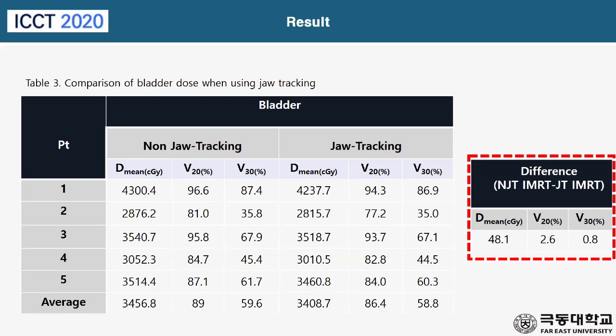In the bladder, the mean dose reduction was 48.1 centigray, and the mean volume 20 and volume 30 also decreased by 2.6% and 0.8% respectively.